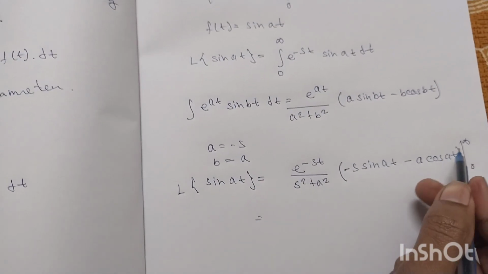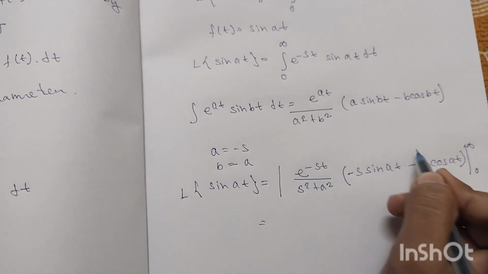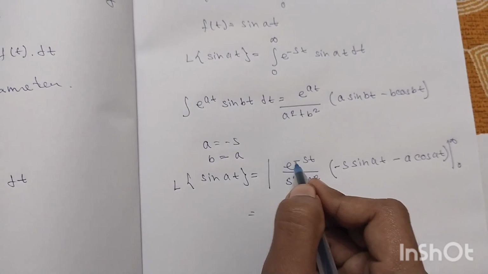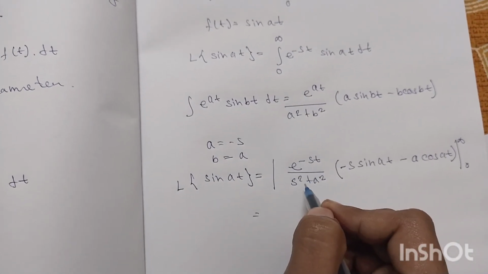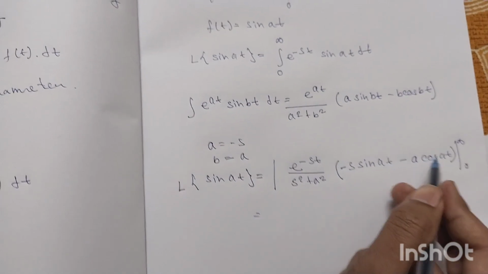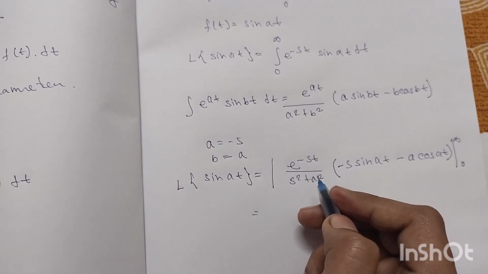So if we put the upper limit, then e to the power minus st goes to the denominator, and e to the power infinity will become infinity.